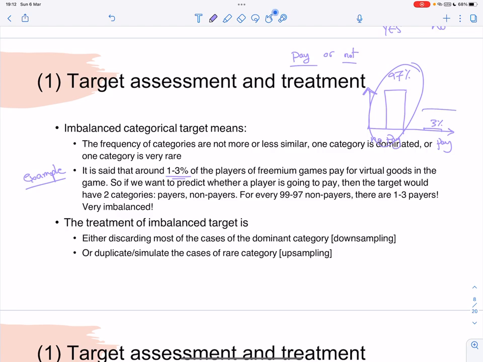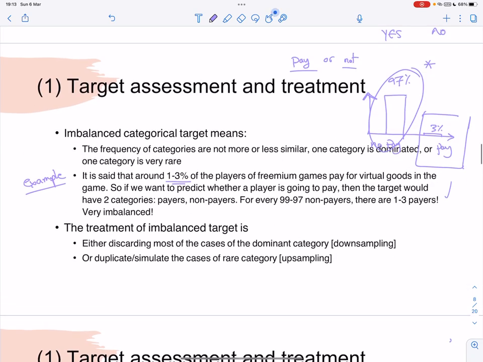Even though that 3% is very important for us, the model cannot distinguish between this 3% and other 3%. So the model tends to lean towards the majority of the cases. And this is not what we want. Actually, we want to predict this. And this is the reason that we want to make our target variable balanced.